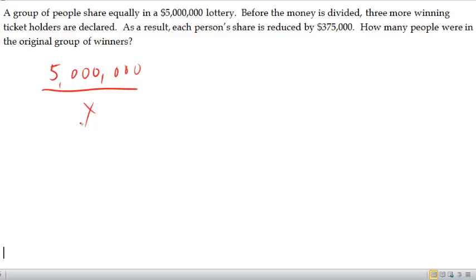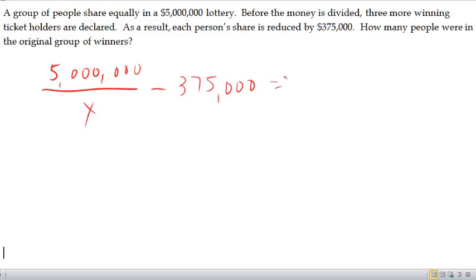Before the money is divided, there are 3 more people evidently in our group of winners, which stinks, but it's what we've got here. So each person loses 375,000.